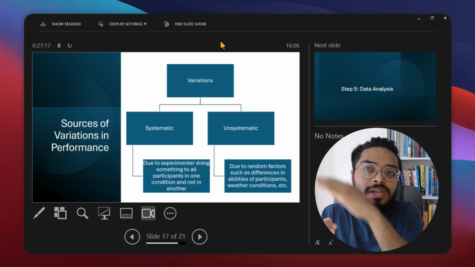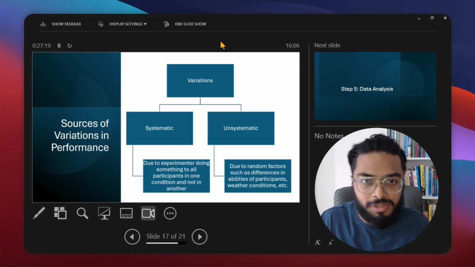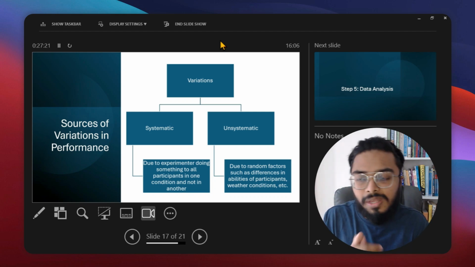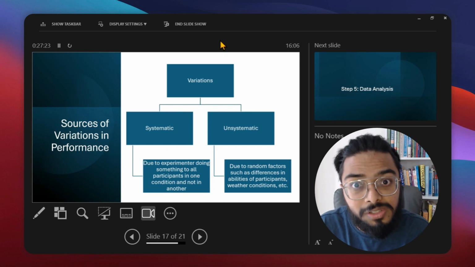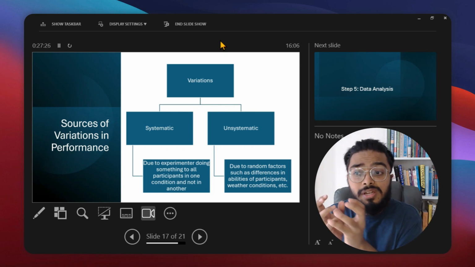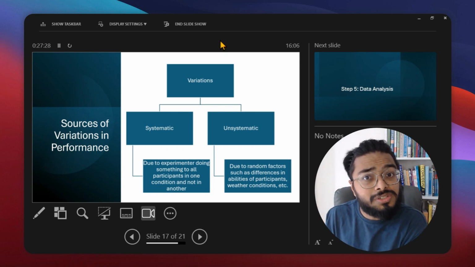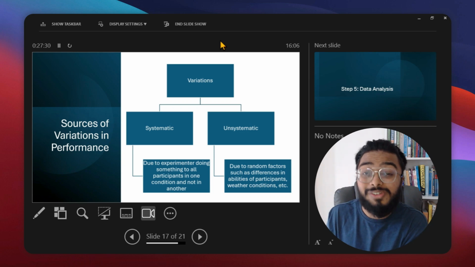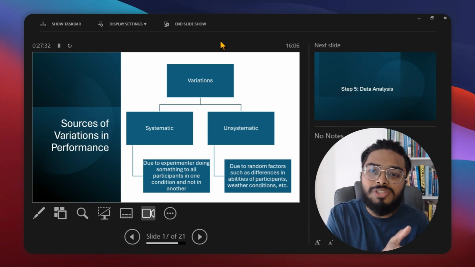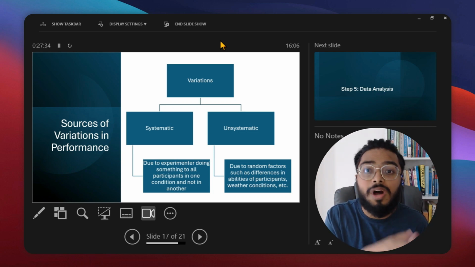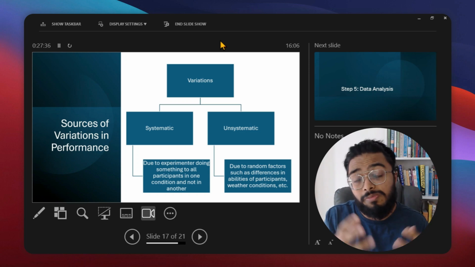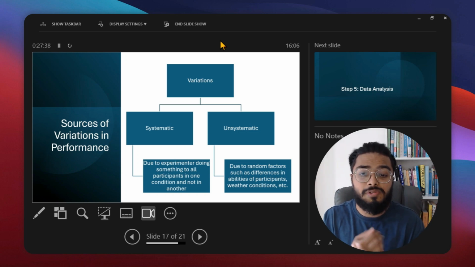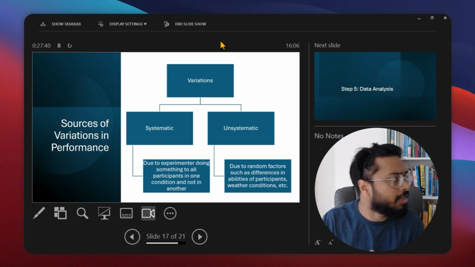Because you might see that there is a decline in PTSD symptoms after CBT, but the real question is how much of it can be attributed to systematic variations, which is because of CBT, and how much of it is attributable to unsystematic errors or variations, maybe differences in people or something like that.